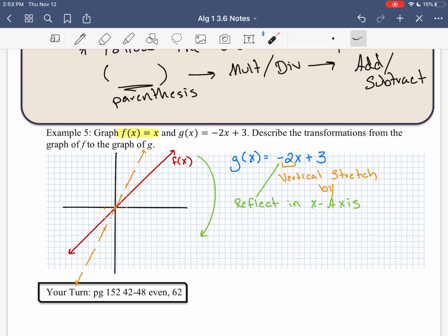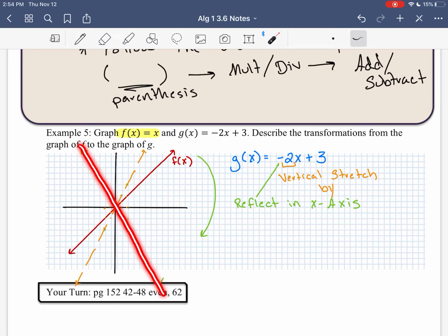So this point, instead of being up 2, now needs to be down 2. This point, instead of being up 4, now needs to be down 4. This point, instead of being down 4, is up 4. And this one's still in the middle. So there, we reflected it. Here's our green. Again, I'm going to dash line him. So after our reflection, we get that green line.